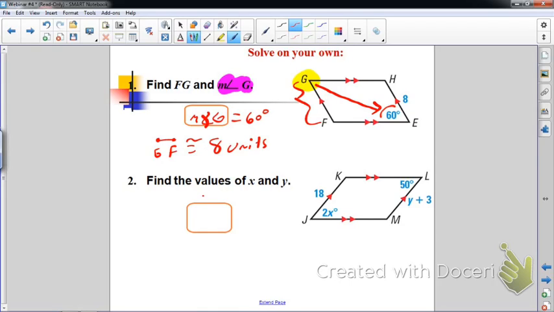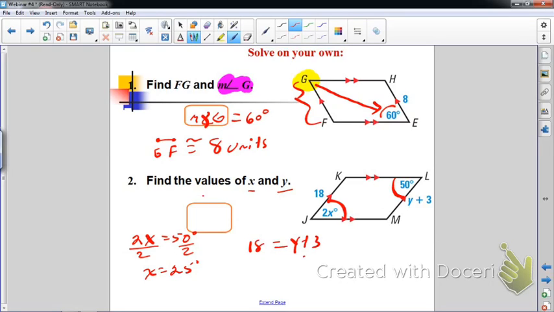We then move ahead to example number 2, and it says find what x and y is. Again, I'm going to use the same two theorems. I look at what I have. I'm going to figure out what x is first. So I have 2x equal to 50 degrees. I divide both sides by 2, and I get that x turns out to be 25 degrees for us. For y, I'm going to set 18 equal to y plus 3.